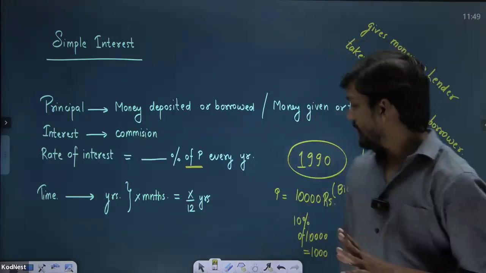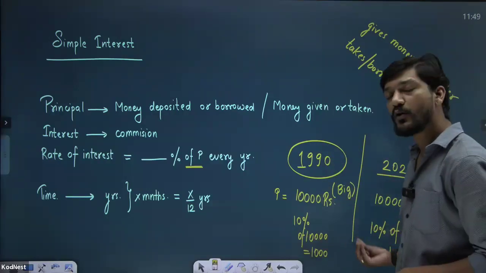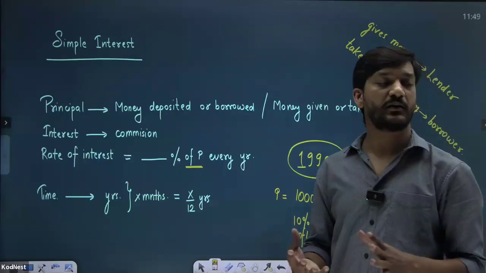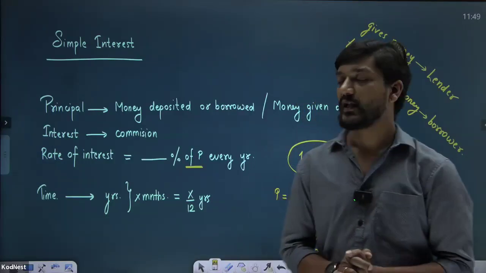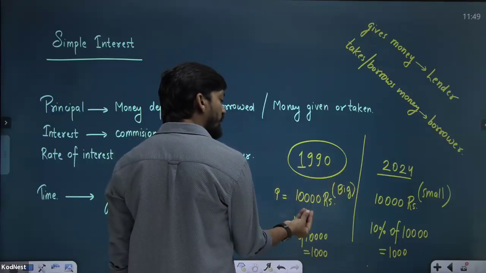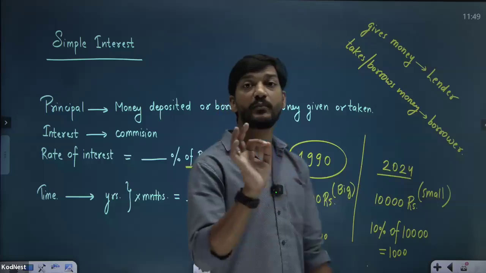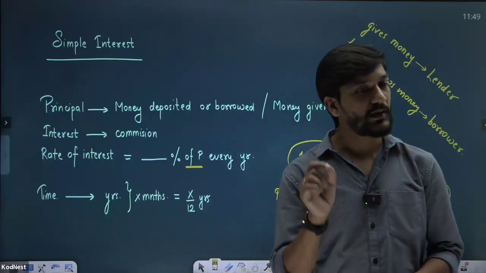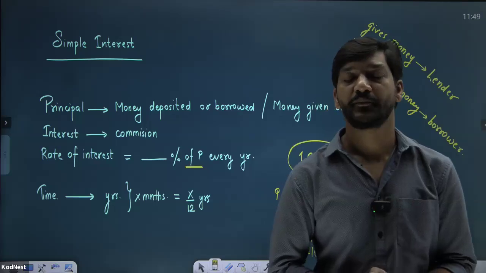So in 1990 a value which was very big, now I'm getting the same value, but it's very small. That is the problem. It happens because the scheme says that we will give you 10% of the value you deposited, only on that value. That is the problem.